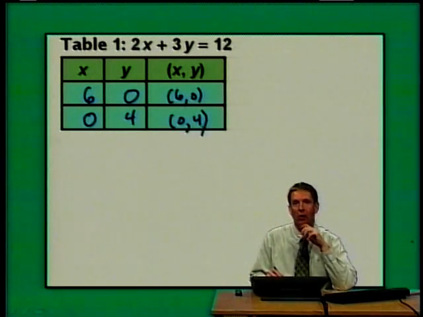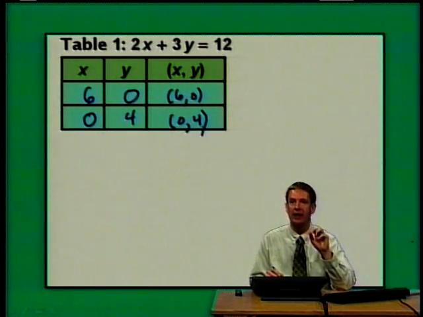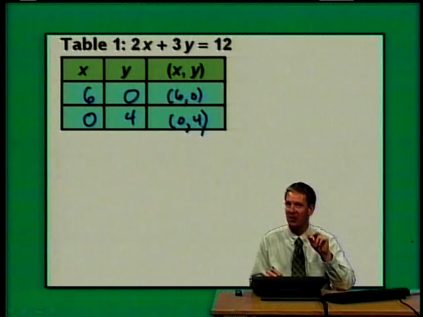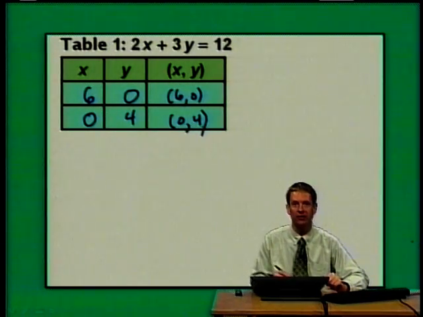In a little while, we're going to stop including this ordered pair column in our table, but we'll never stop including ordered pairs when we write down x and y intercepts because they are explicitly ordered pairs or points. So I am going to go ahead and write a conclusion to the question.